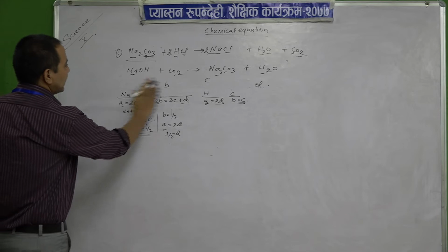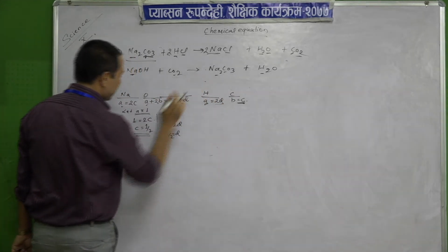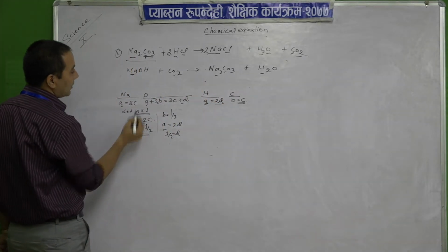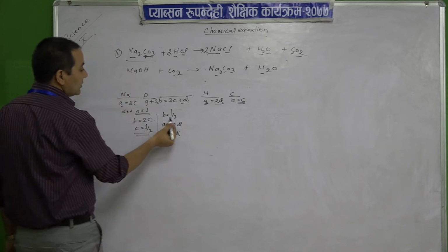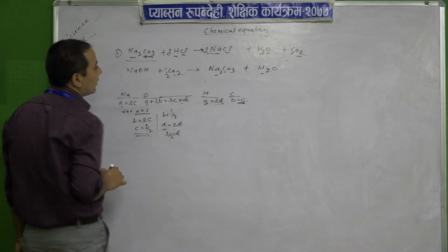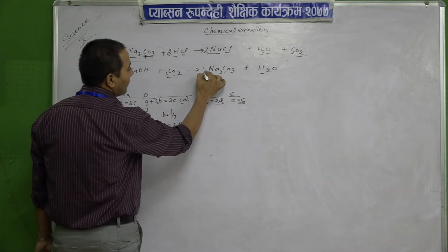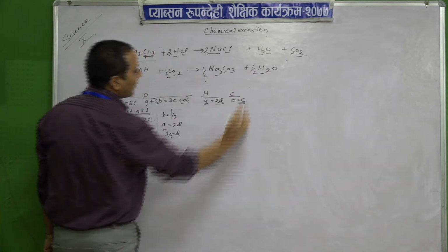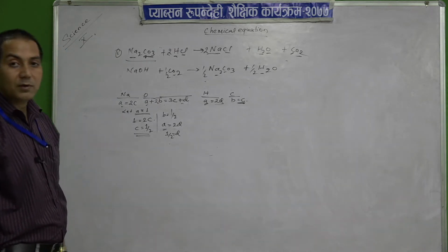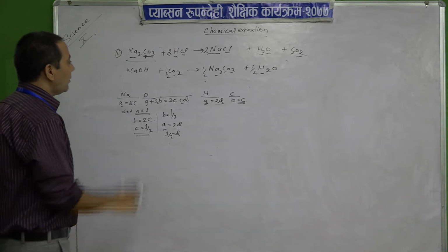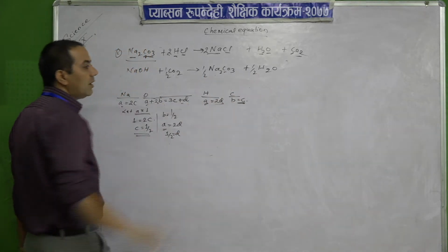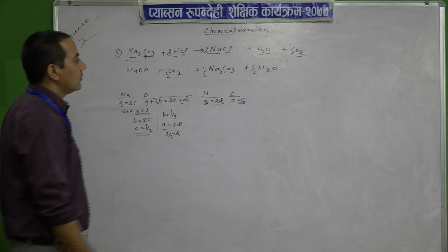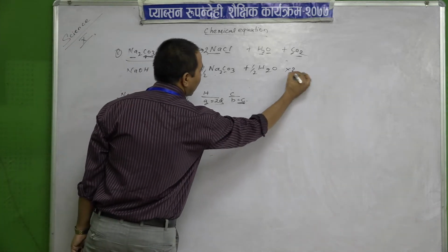So let's put it and see whether it will work or not. A is 1, no need to write. Then B is 1 by 2, C is 1 by 2, and D is 1 by 2. Now we have to leave out the fractions, so we will multiply by 2 here.